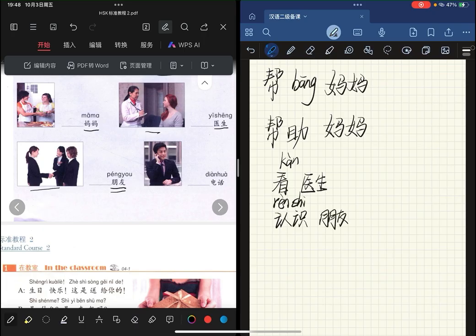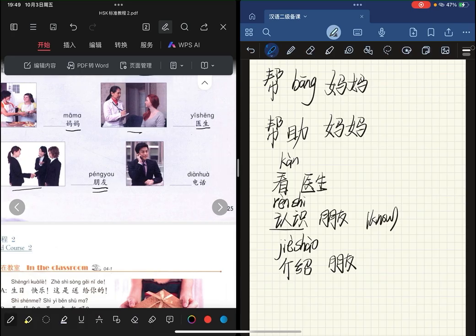To know, to know the friends, 认识. Or introduce friends, introducing friends, 介绍朋友.